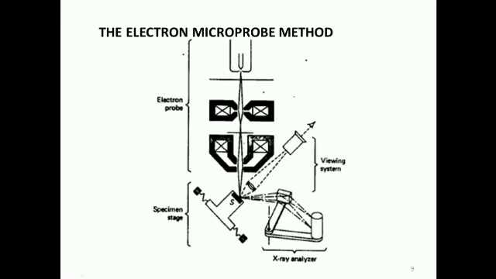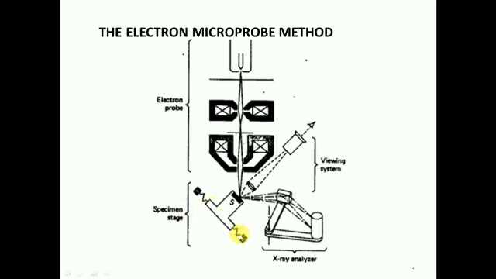The electron beam is produced by heating the tungsten cathode and accelerating anode, which is not shown in the figure. Two electromagnetic lenses focus the beam on the specimen stage.